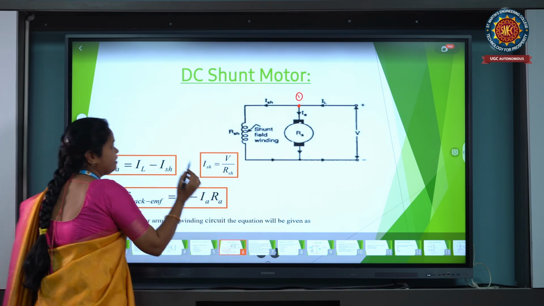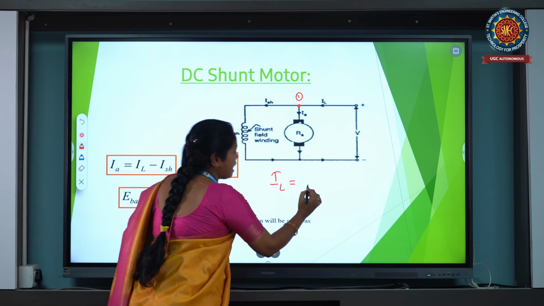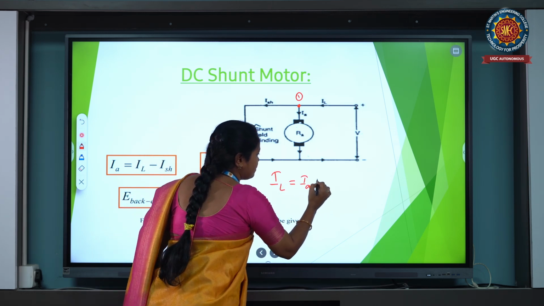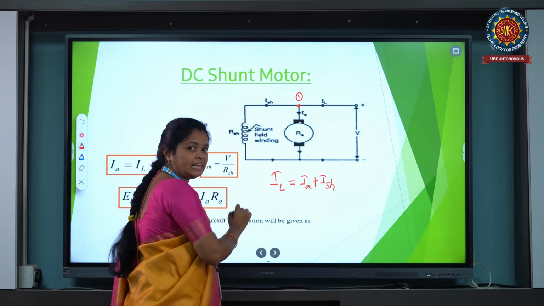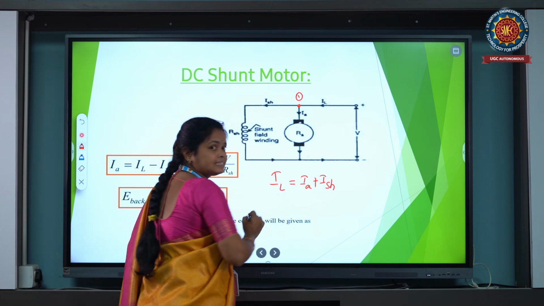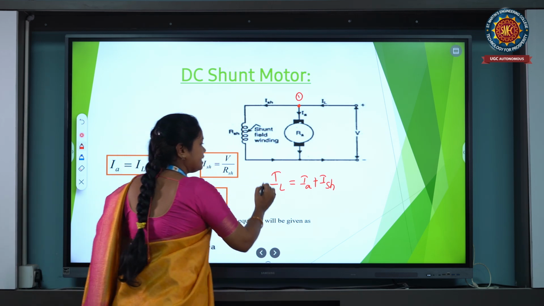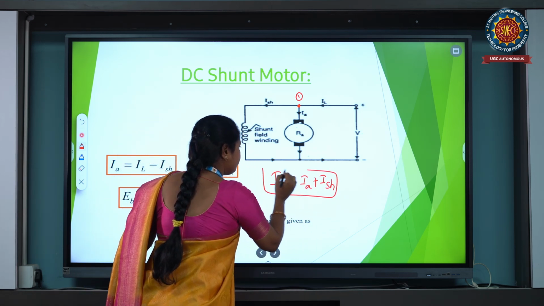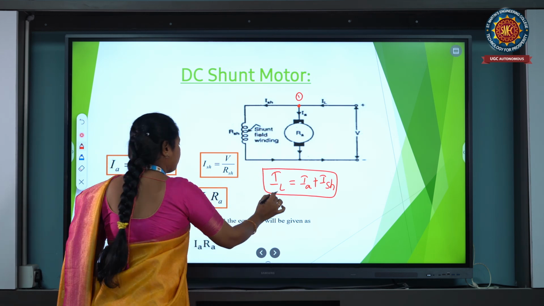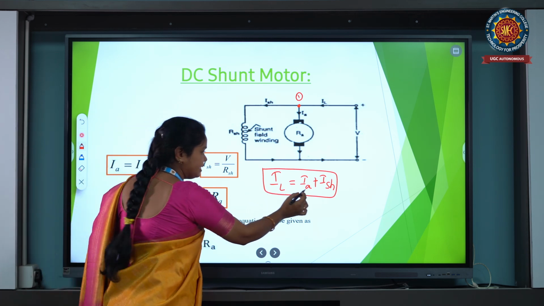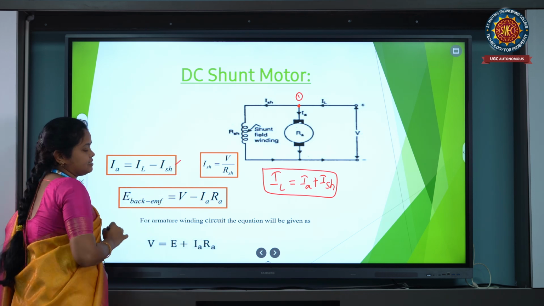So from that equation, IL equals IA plus ISH, where IL is the line current, IA is the armature current and ISH is the shunt field current. This is the equation of IL by applying KCL. From this equation, IA equals IL minus ISH.